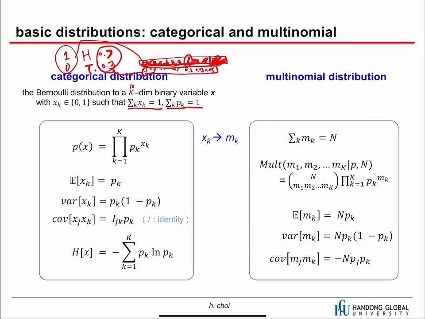Okay. And the multinomial distribution can be interpreted as an extension of the categorical distribution. In the previous slide, we went from the Bernoulli distribution to the binomial distribution. Likewise, in this case, we go from the categorical distribution to the multinomial distribution. So they have the same kind of relationship.